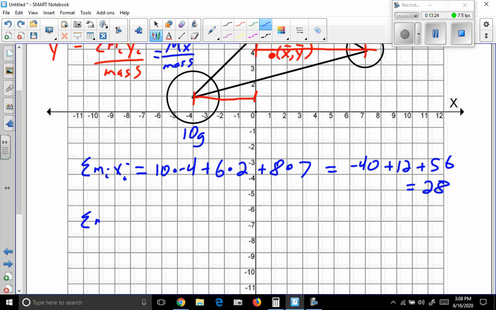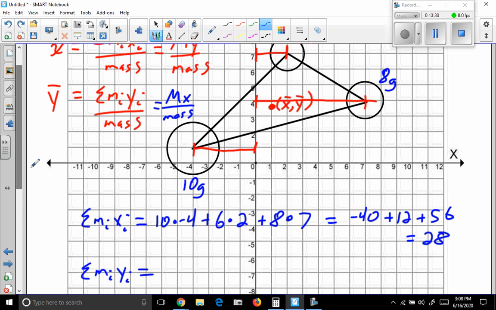If we take the moment about the x-axis, we do the m i y i's. So I'm just going to go bottom to top. So it's this mass times its y value plus this mass times its y value plus this top mass times its y value.